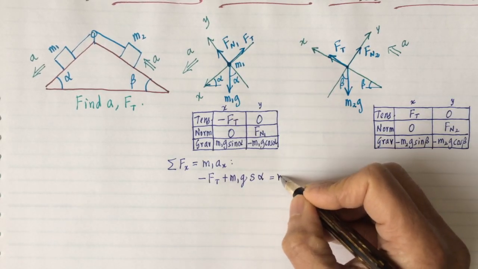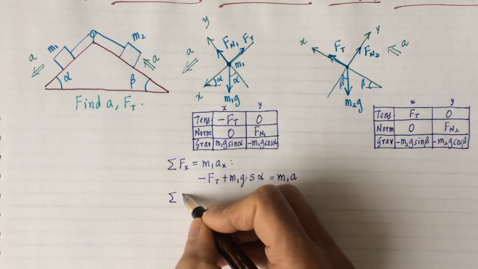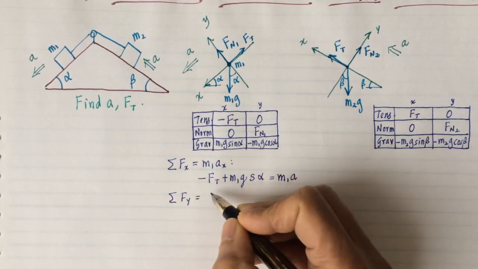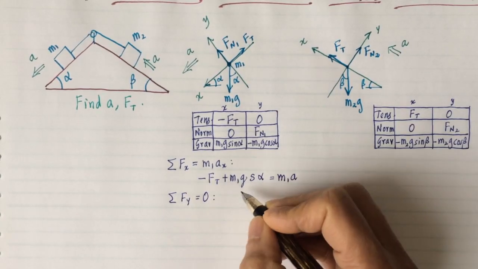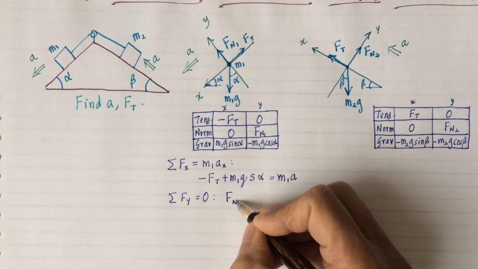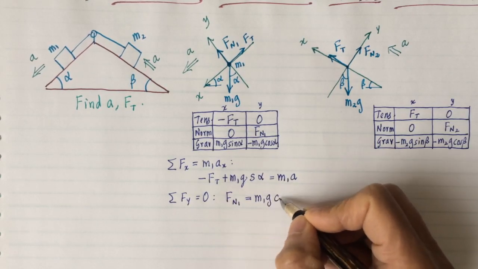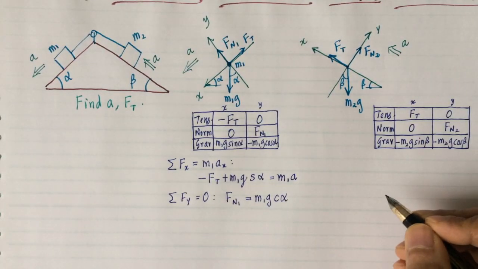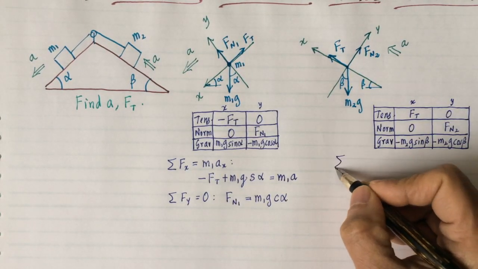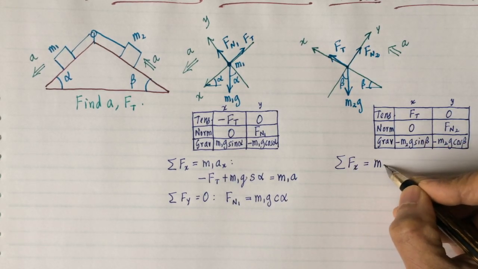And that's equal to mass times acceleration. The sum of all the forces in the y direction, well, we know from experience that there is no acceleration in the y direction. So I get Fn1 is simply equal to m1g cosine alpha. Cosine will be written as c. Let's write the same equations for incline beta next.